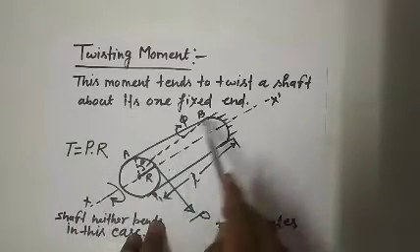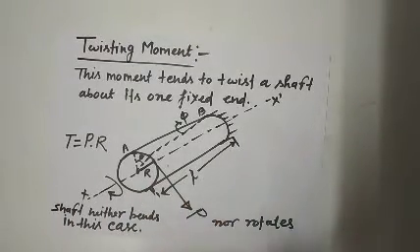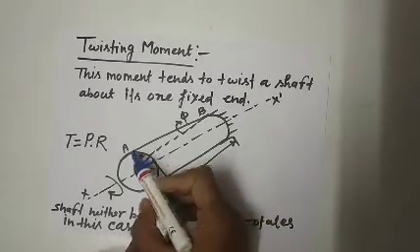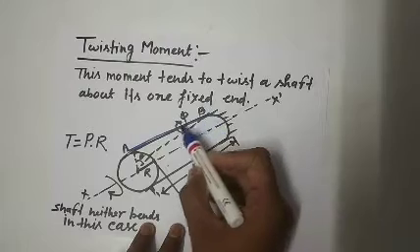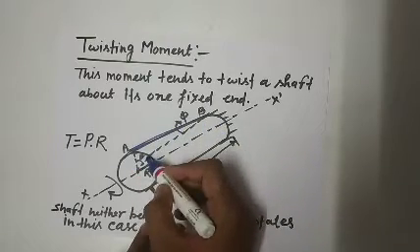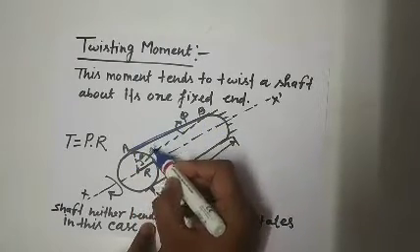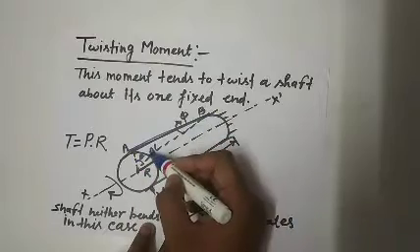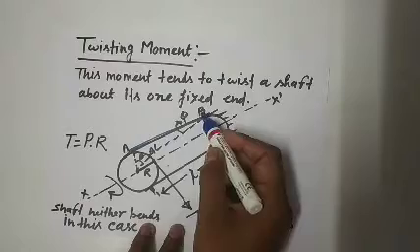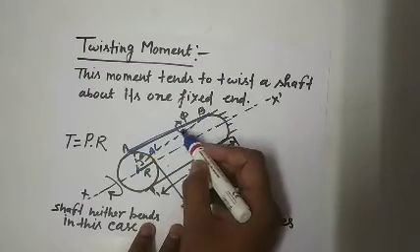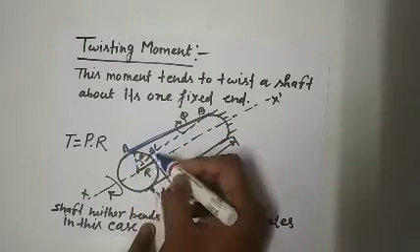Because for twisting, suppose there is a fiber AB, and due to the twisting, AB is moved to A dash B. Finally, the position of this fiber is AB, and due to the twisting, A is changed to A dash.